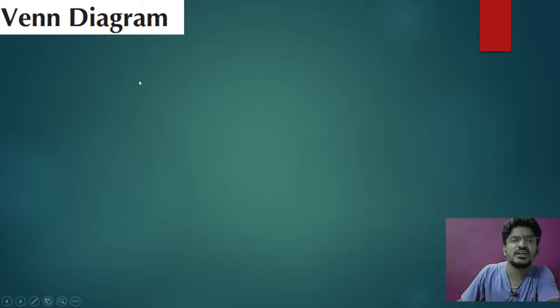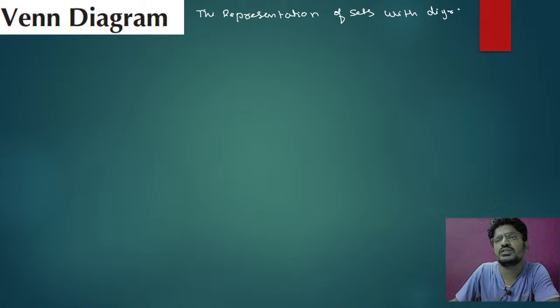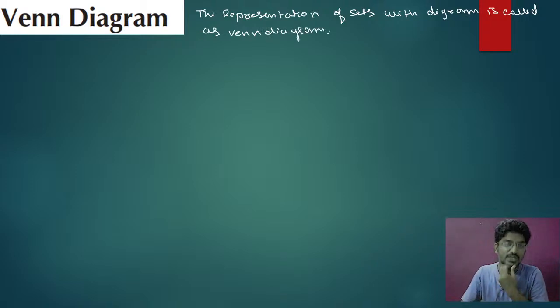Venn diagram means the diagrammatical representation of sets, the representation of sets with a diagram, is called a Venn diagram. Clear? That means the given set you have to represent with a diagram.